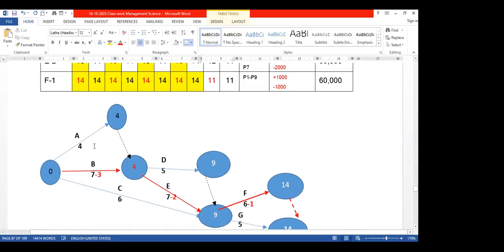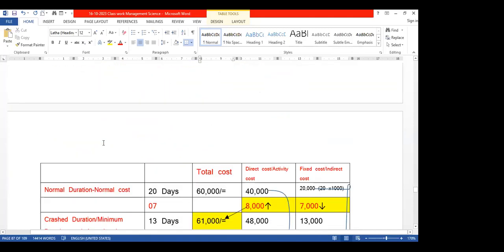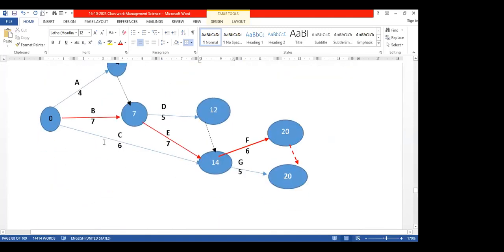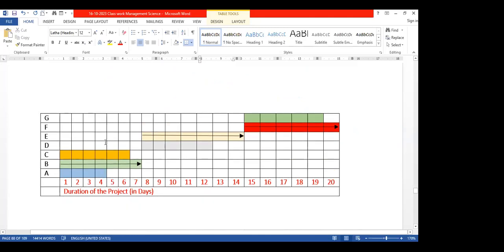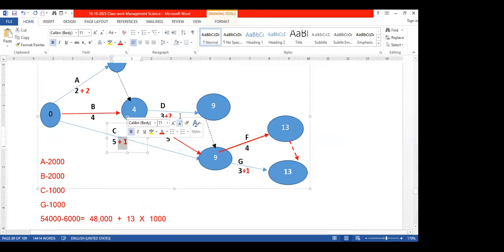Right, about these red color ones, that is for the calculation purpose.